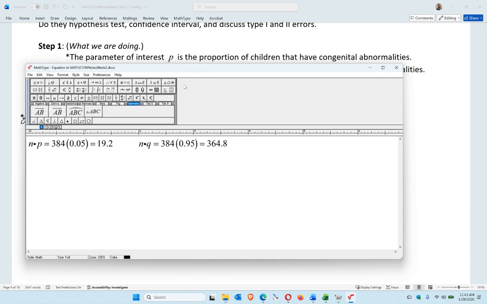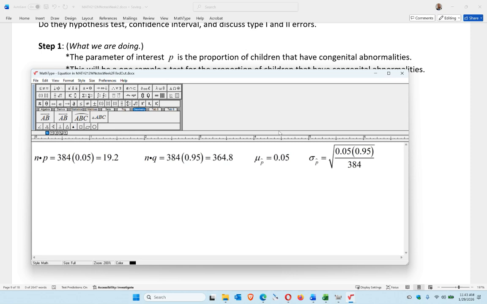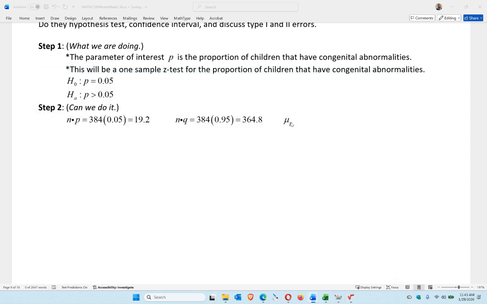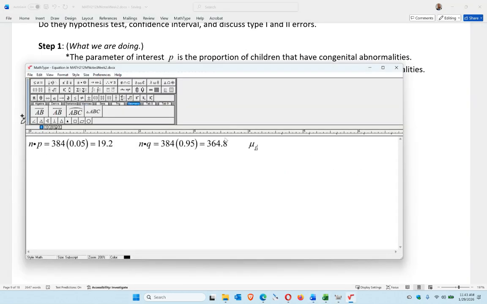All right, so our mean of the proportion p needs a little hat above that, there's a little hat. Okay, so that's what we get there.